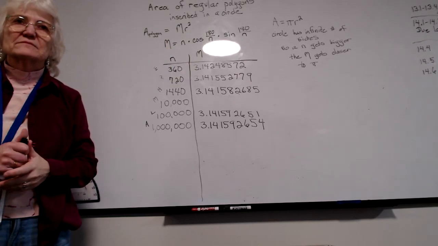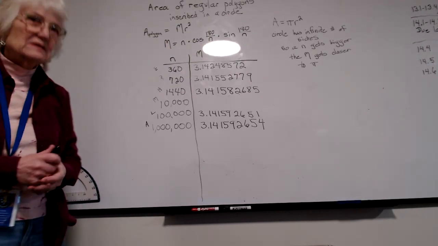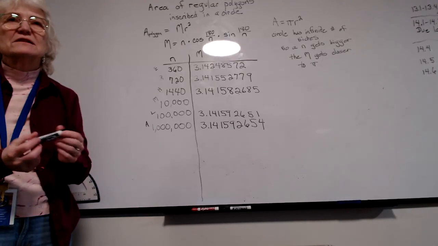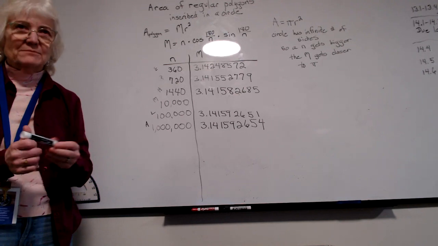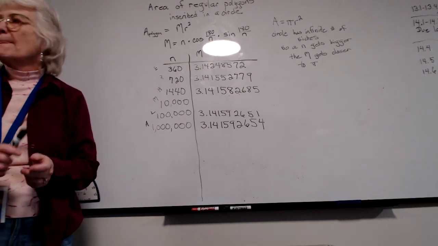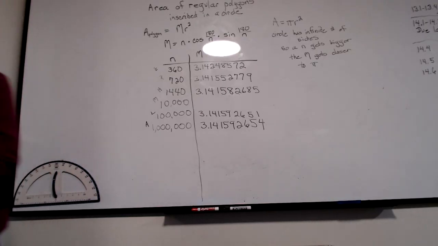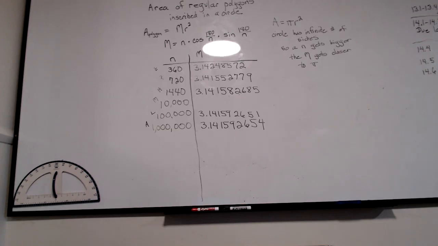So cosine of 180 divided by 10,000, then put a parenthesis after that, then times sine of 180 divided by 10,000, put parentheses after that, and then multiply it by 10,000.